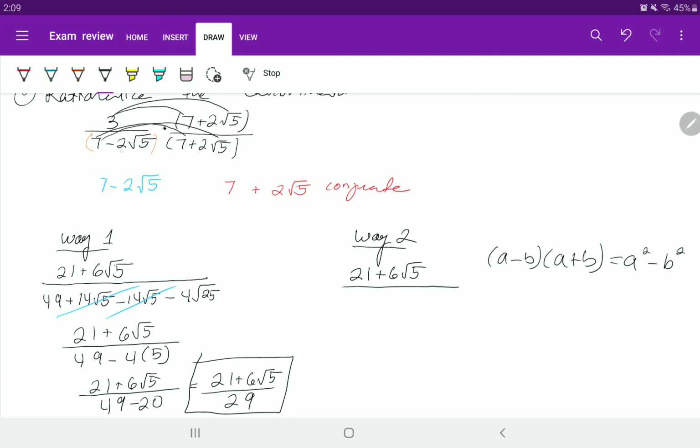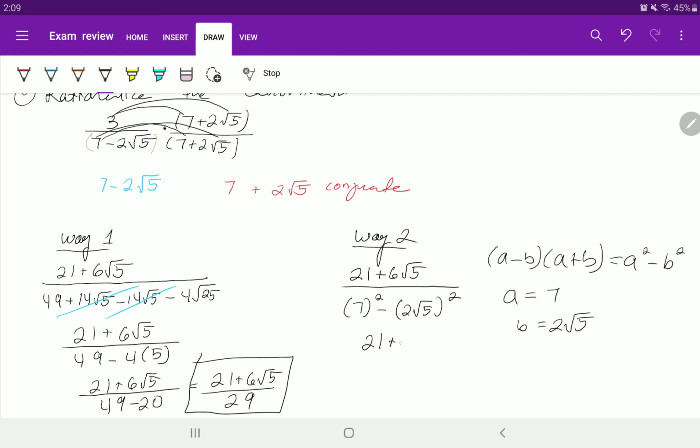Once in our denominator, we're multiplying conjugates, therefore difference of perfect squares. We can say the A term will be 7. The B will be the 2 square root of 5. So when I do my difference of perfect squares, that's going to be 7 squared minus 2 square root of 5. That quantity is being squared.